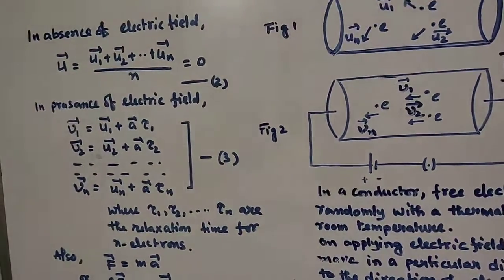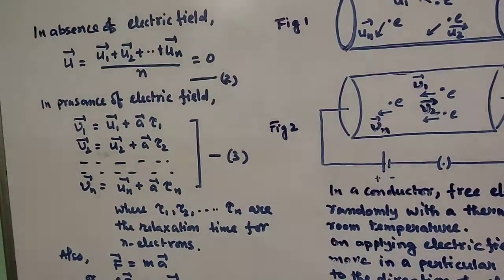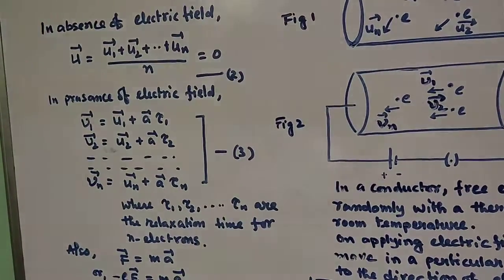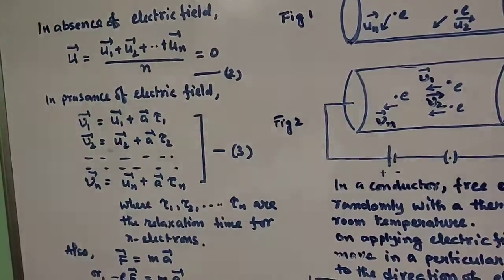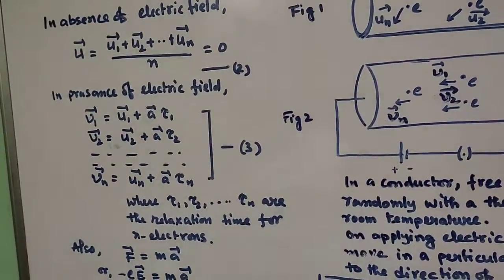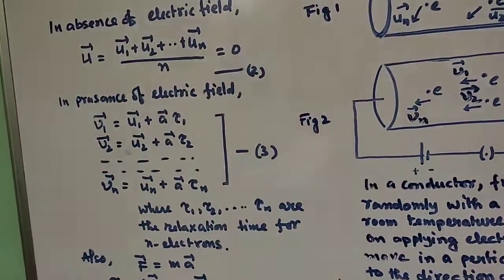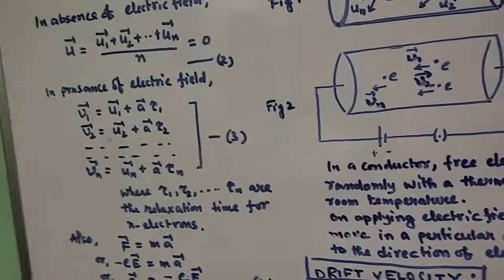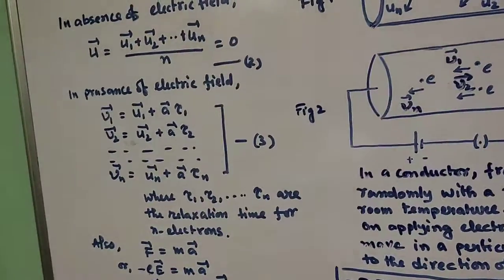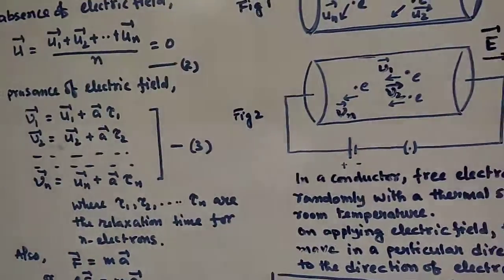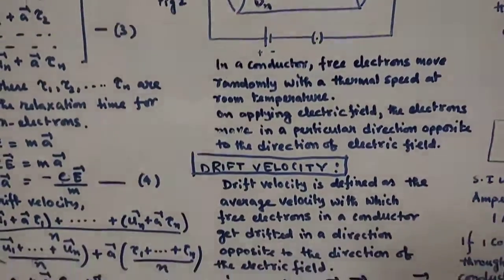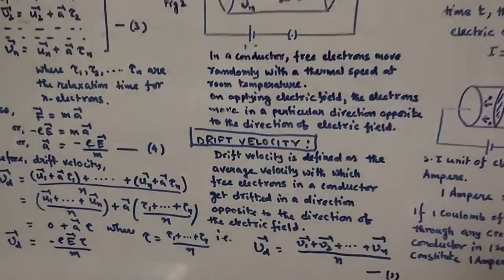After the collision, that electron will move back. When it moves back, another electron may come and strike the electron which is recoiling back. But there may be a small time interval during which there is no collision, and that is nothing but the relaxation time. This part will come across afterwards during the definition of the drift velocity.